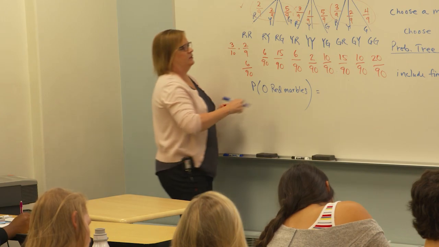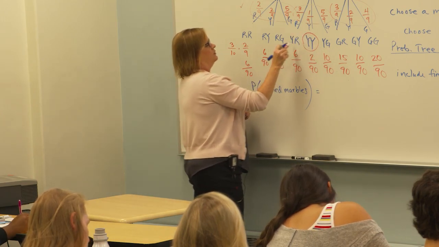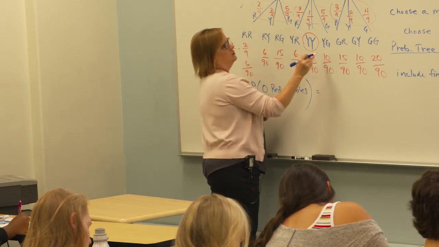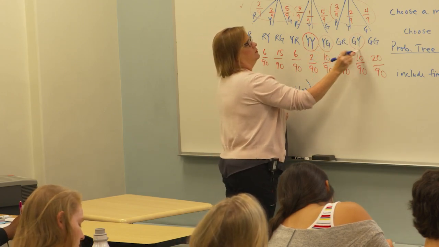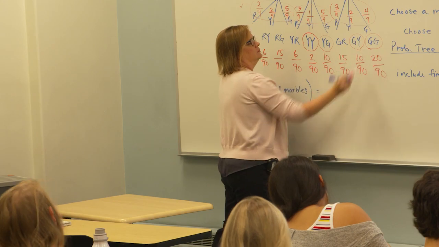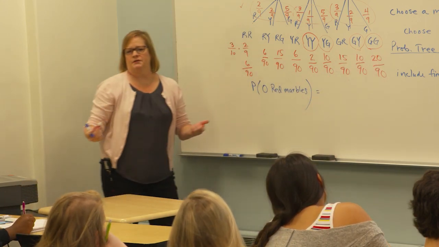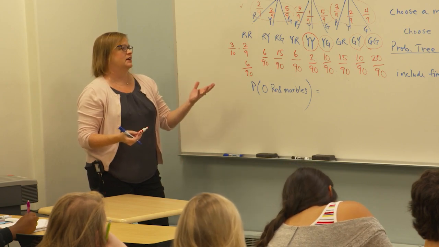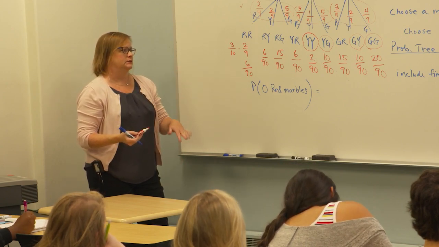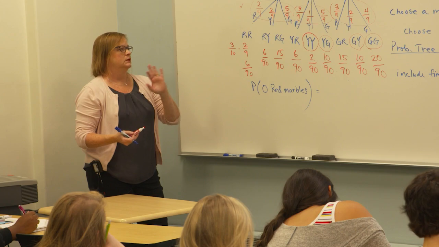So that can happen how? Yellow, yellow, because all these have reds, right? Yellow, green, green, yellow, green, green. Can happen one of 4 ways.